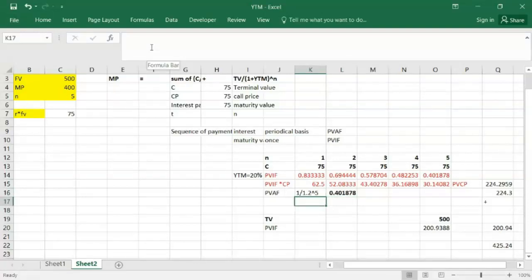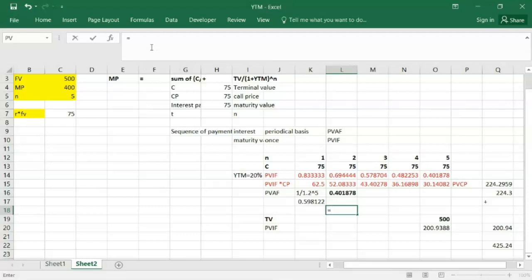After this result, you can get the residual value: 1 minus 0.401878, which is 0.598, the residual value.